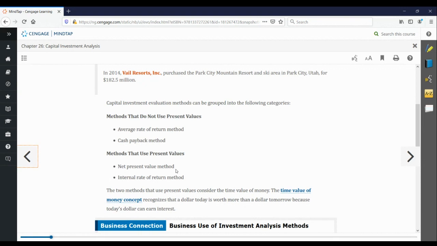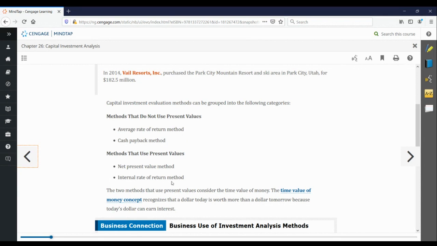So these methods are evaluated in order, or the asset is going to be evaluated by each one of these methods. We would start with the simplest methods first and evaluate those assets. And then if it meets our expectation, we move to the next method, evaluate it. And if it meets our expectation, we'd move to the next method and evaluate it further. And if it meets our expectation there, we would evaluate it yet again.